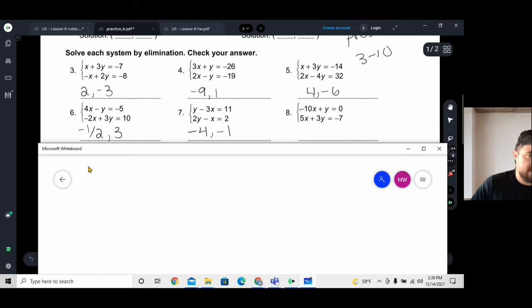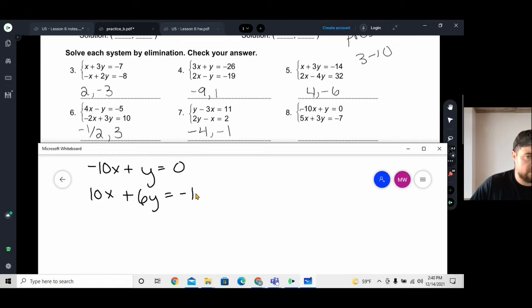So I'm going to end up with negative 10x plus y equals 0, and then positive 10x plus 6y equals negative 14. I'm going to combine my like terms, and I'm going to end up with 7y equals negative 14, which means y equals negative 2.